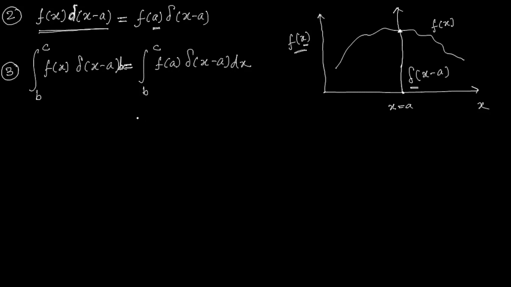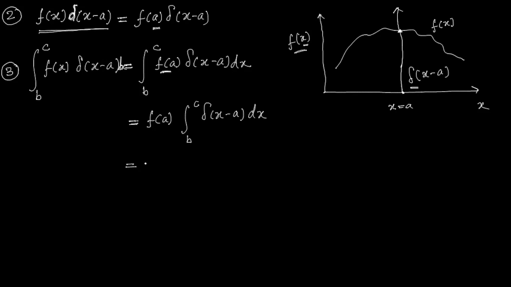Now, as soon as we replace x by a in this function, it gives a particular value, so this will be a constant. We can take it outside the integration. The remaining term is the integral from b to c of delta x minus a dx. Now this will be 1 when the x equals a point lies between b and c, otherwise this will be 0.